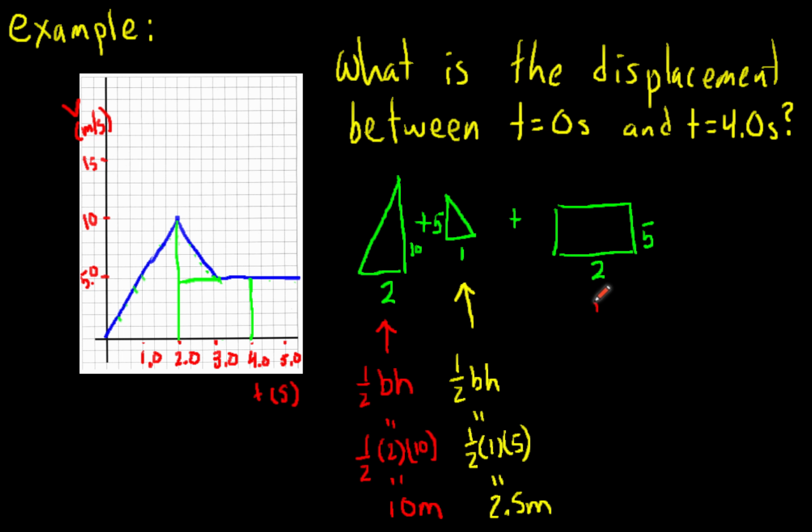And the rectangle has an area length times width, which is 2 times 5 makes 10 meters. The total displacement is the sum of these three areas. 10 plus 2.5 plus 10 is 22.5 meters, which in sig digs is 23 meters.